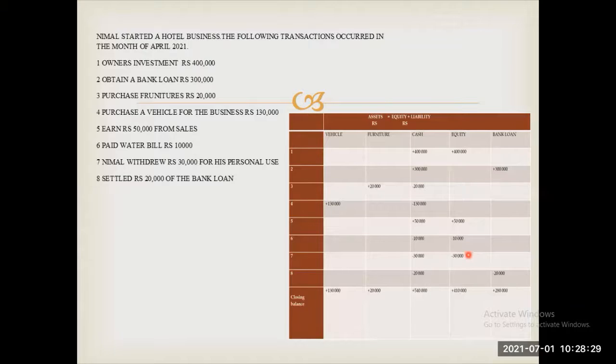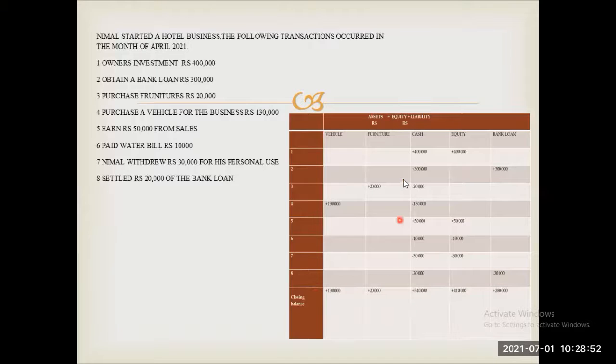We know that when the owner is withdrawing something for his personal use, it has to be decreased from the equity also. So the cash value minus 30,000 and the equity minus 30,000. And he settled a bank loan. The cash value is minus 30,000 and the bank loan will also be deducted by minus 20,000.